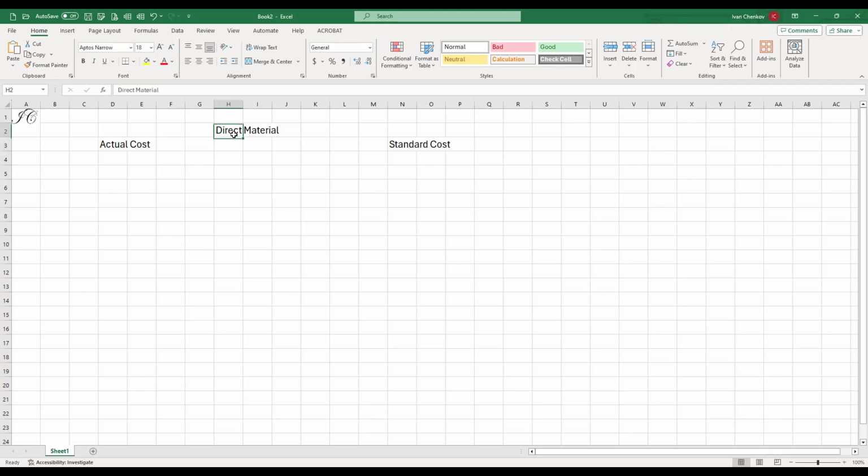Let's start with direct material, and we're going to start building on that one. And we're going to move to the direct labor and variable manufacturing overhead. Direct material. How are we going to calculate the actual cost? Well, we're going to have the actual quantity, and we're going to have the actual price. Once we multiply those two together, actual quantity times actual price, that's going to give us actual cost, correct?